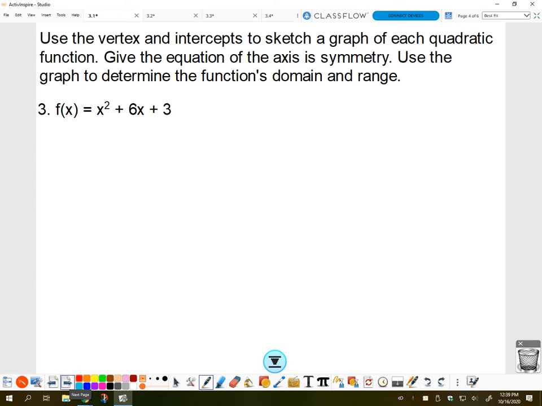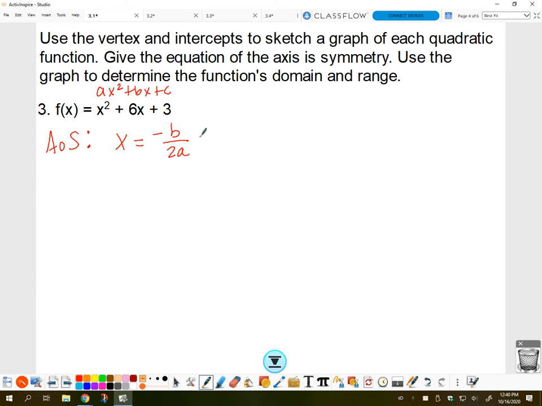So what you need to memorize is that your axis of symmetry, you have to find that first when you have a standard form. And you're going to find it with x equals the opposite of b over 2a. So remember that standard form of a quadratic looks like this.